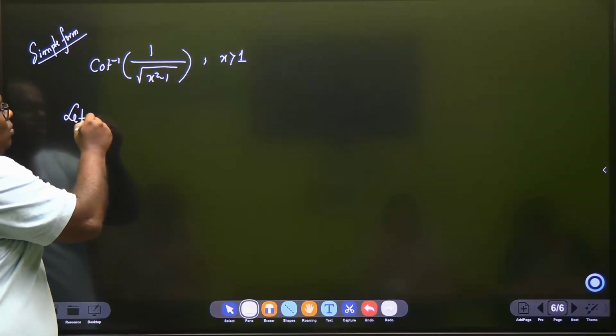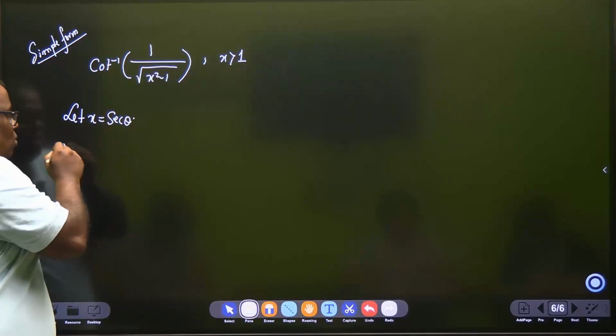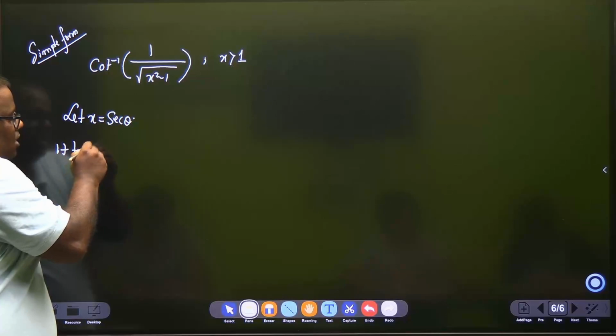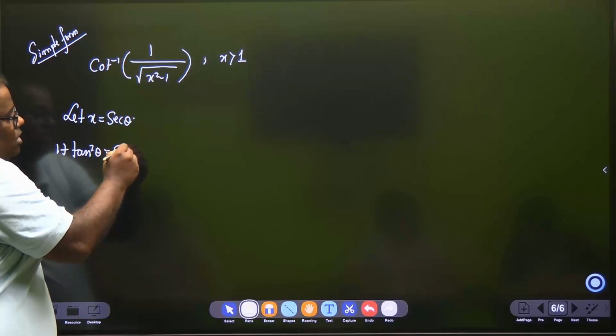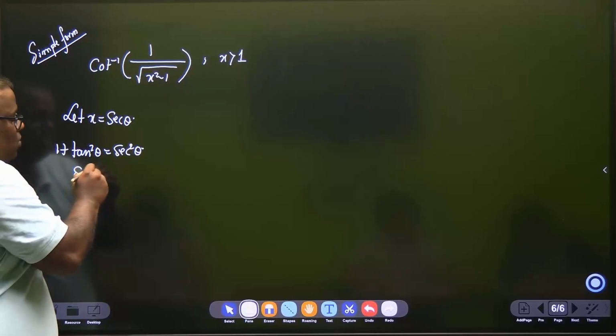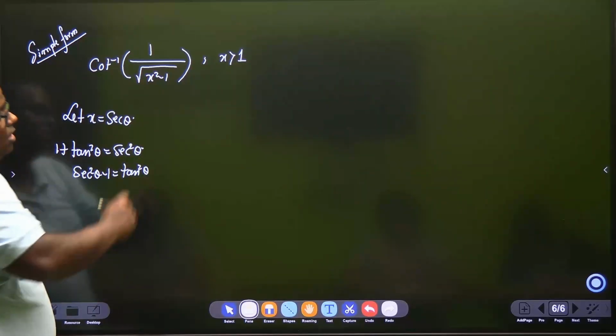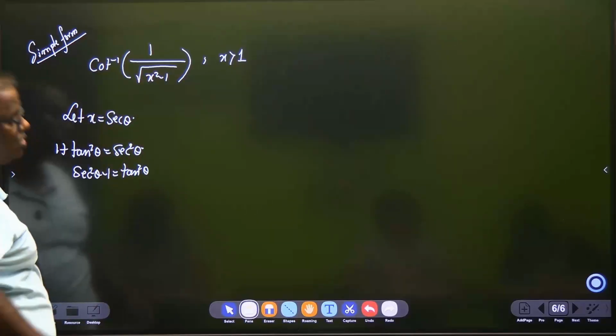So I say let x be equal to sec theta. And I know 1 plus tan square theta is equal to sec square theta. That means sec square theta minus 1 is equal to tan square theta. And that's the thing that I'm going to use in this problem.